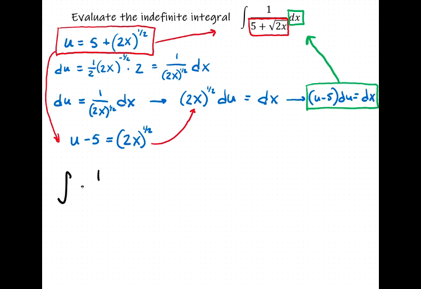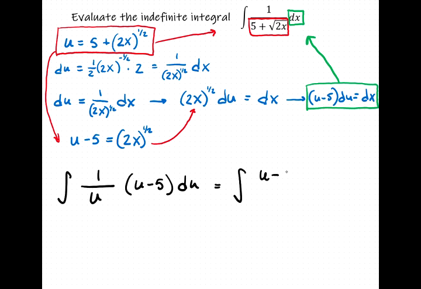We'll have 1 over u. Remember the denominator, the box in red, is our u, so 1 over u. And then the dx becomes u minus 5 du. This is a much easier integral to deal with.